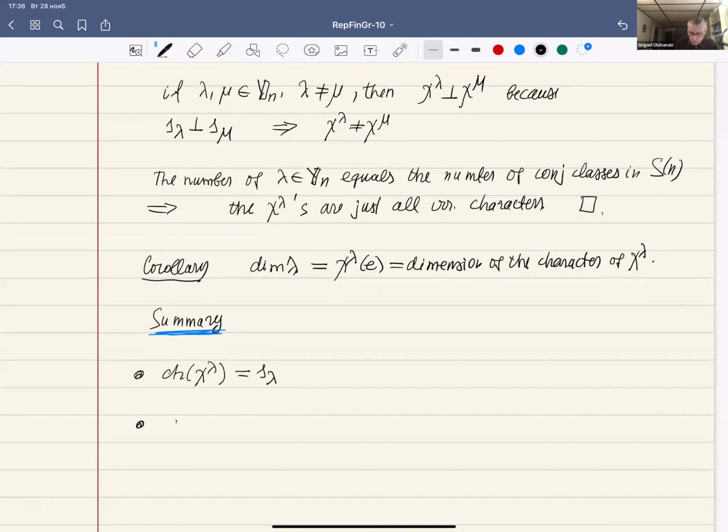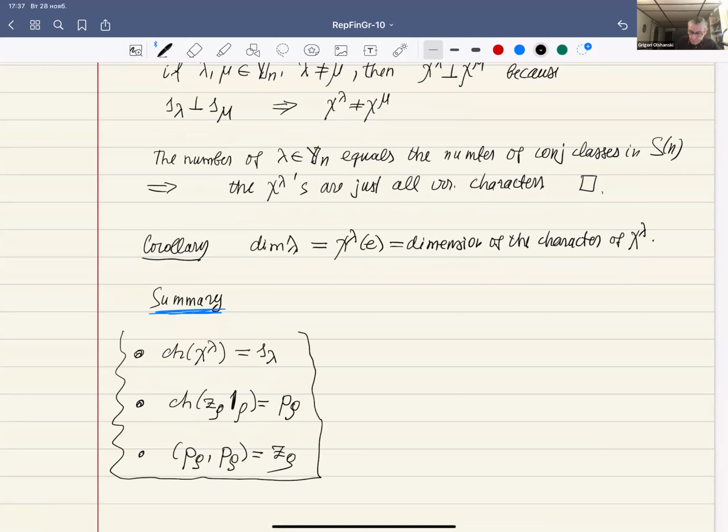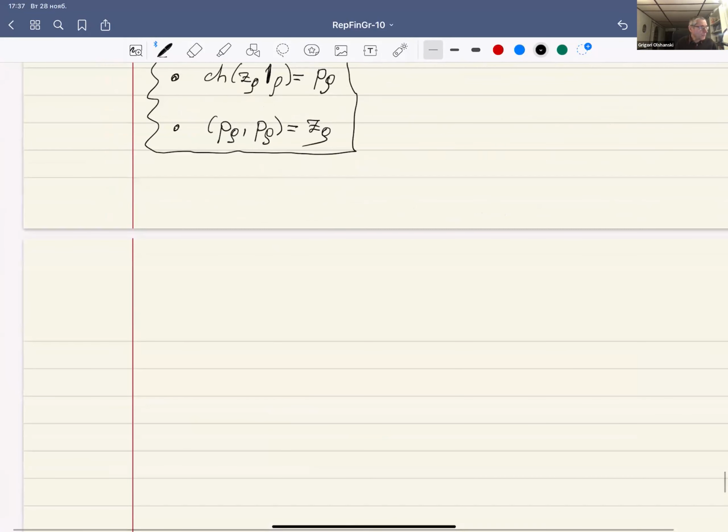Next, we know, by the very definition of a characteristic map, this important formula. And third, we know that the scalar product is equal to this remarkable quantity. So you have to take into account these key relations. And from these relations, we can prove the following Frobenius formula.